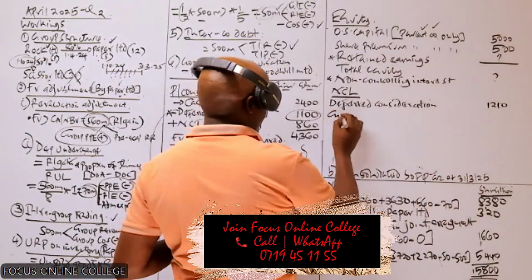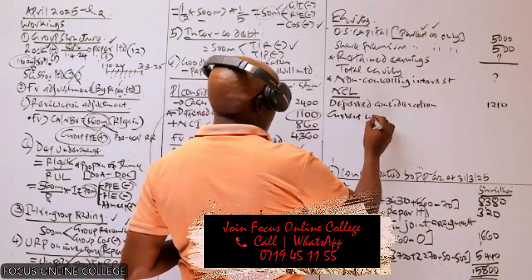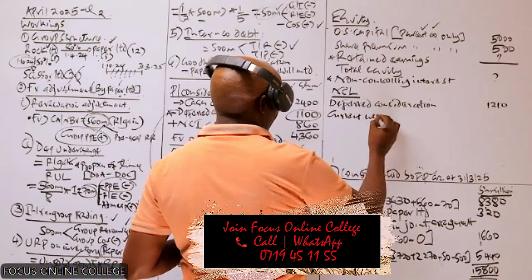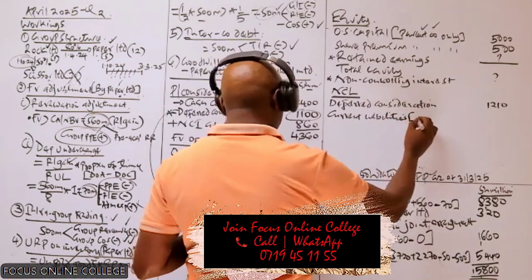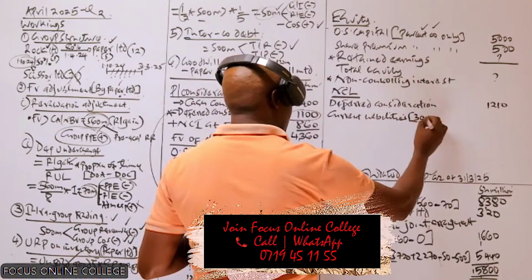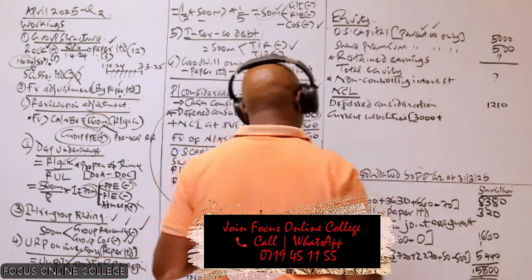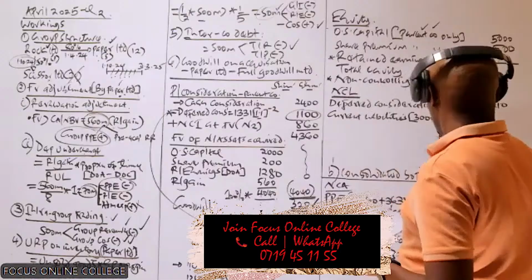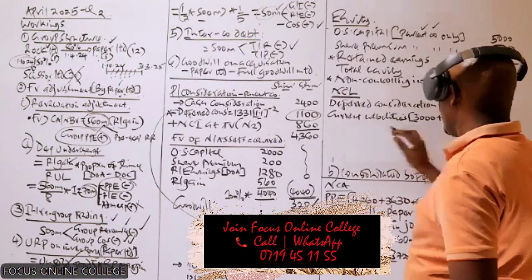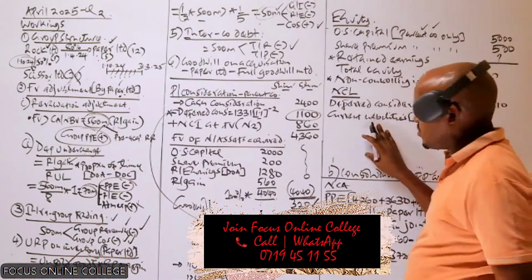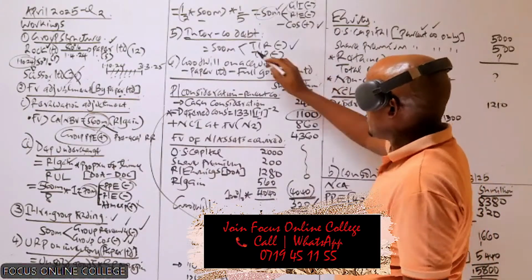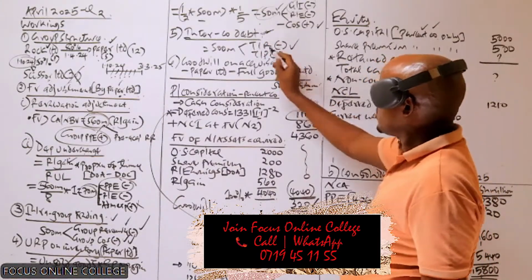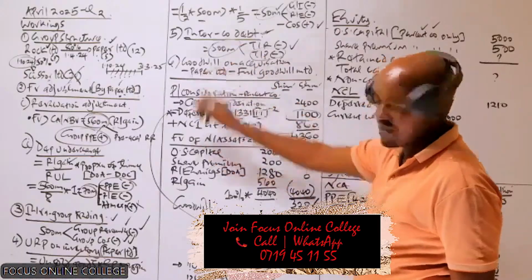And then finally, we have the current liabilities. For current liabilities, we take those of the parent, 3,000, plus 19 of the subsidiary. And you have to record that these include payables. We have the amount of intercompany debt, which should be adjusted from the payables, this one, 500.